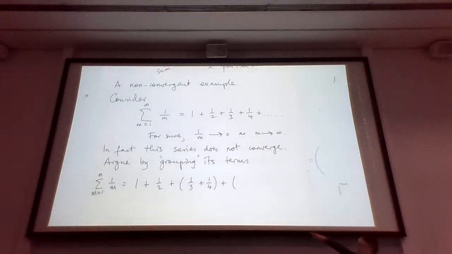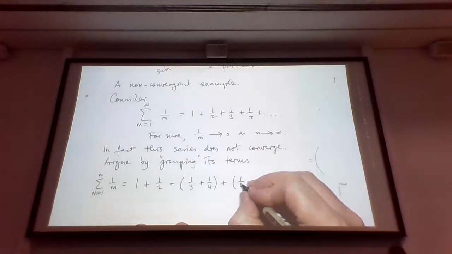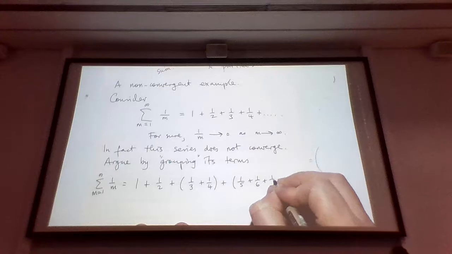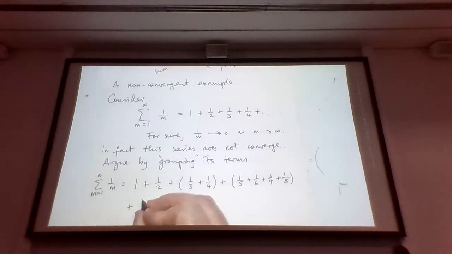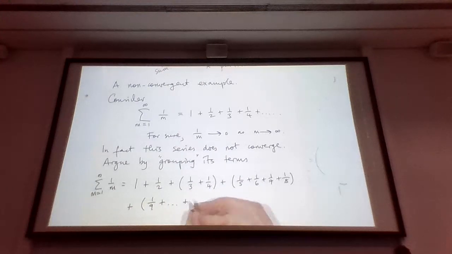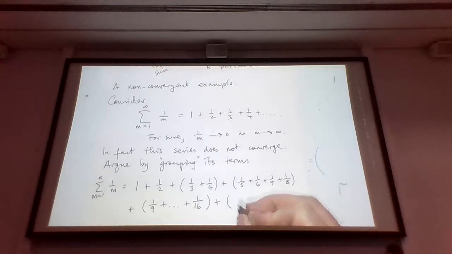Then we group together the next two. Then we're going to group together the next 4. Then we're going to group together the next 8, which will take us to 1 over 16.